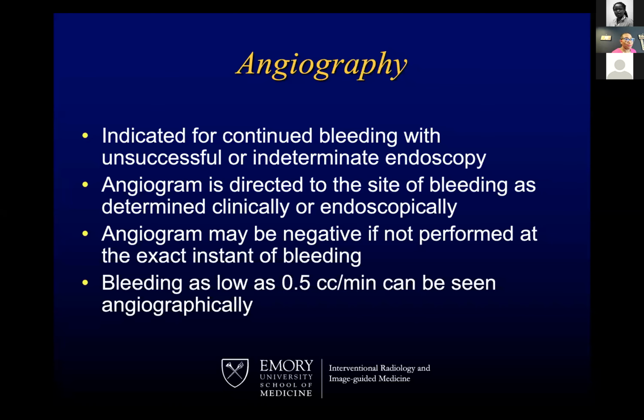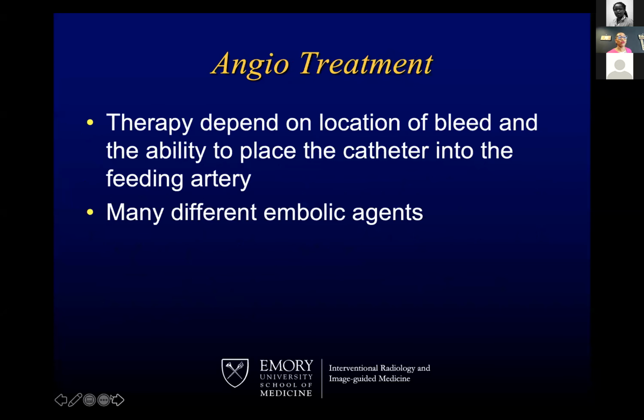Or they say, well, geez, I've put a scope in and I see big varices, and I know that this person is bleeding not from an arterial source, but from a venous source. And we're going to get to that, but probably not even today. But angiography can detect bleeding as low as 0.5 cc's per minute. And that is very dependent on how close your catheter is.